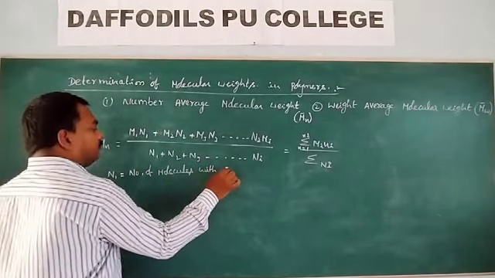N2 is the number of molecules with molecular weight M2. N3 is the number of molecules with molecular weight M3. The problem is regarding this one. If we complete that problem, we can understand this clearly. I will do that problem. So this is the problem.